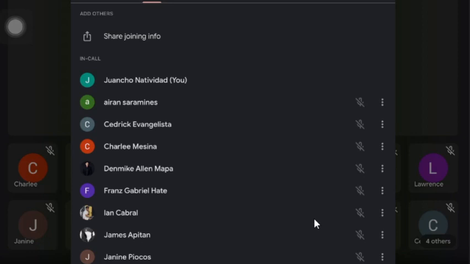Tama ba yung solution? Kumpleto ba? Baka kasi mamaya 10 problems ang na-submit lang 5. Then the participation. Yun yung mga basis natin.